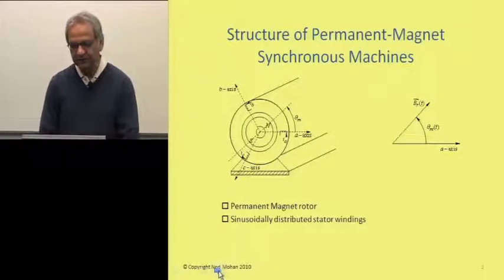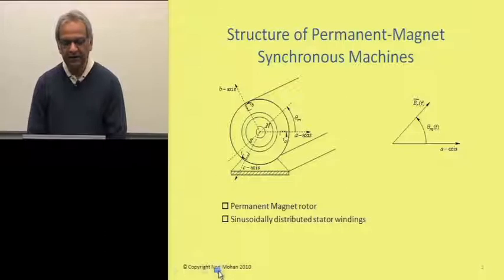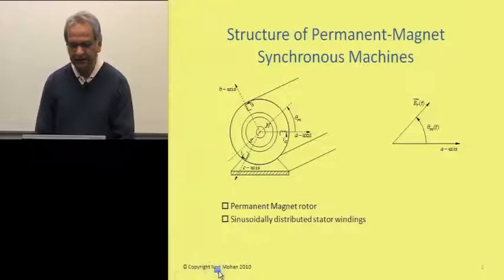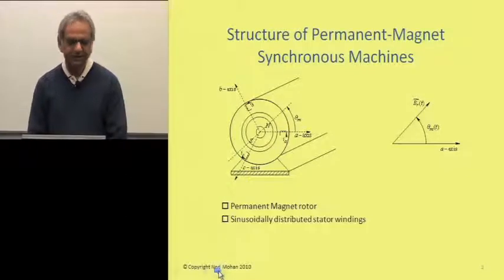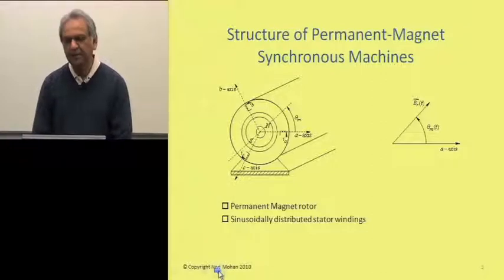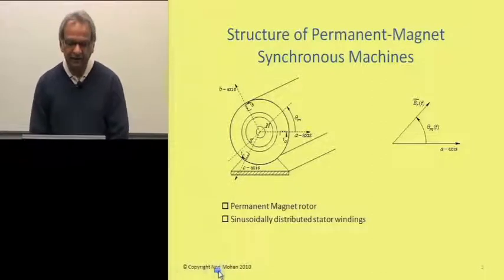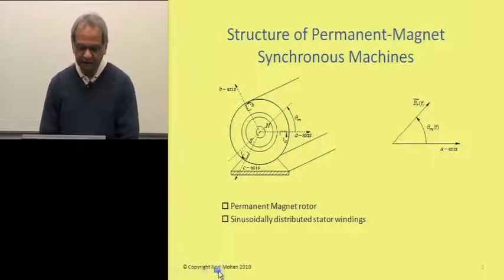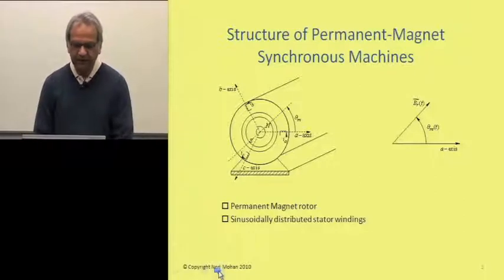So let's look at the structure of this type of machine. On the stator, we have sinusoidally distributed three-phase windings, as we have seen in previous modules in a general AC machine. But on the rotor, we have permanent magnets. Here they are represented as north and south poles, just a two-pole machine, but it could be any number of pole pairs.